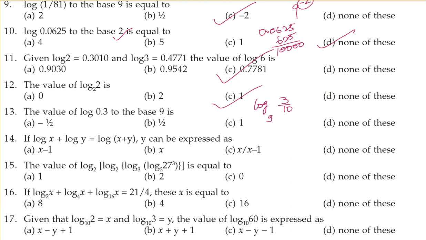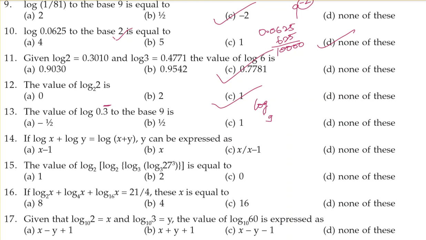It would be negative, that is for sure. We can say 0.3 recurring should be there.